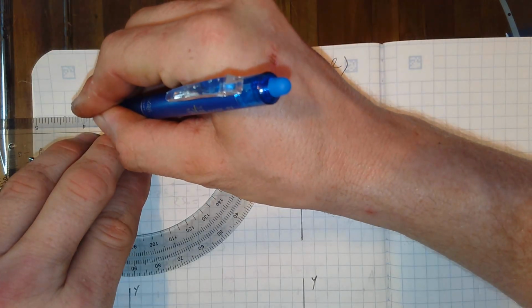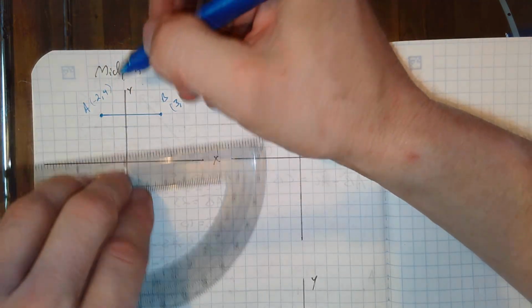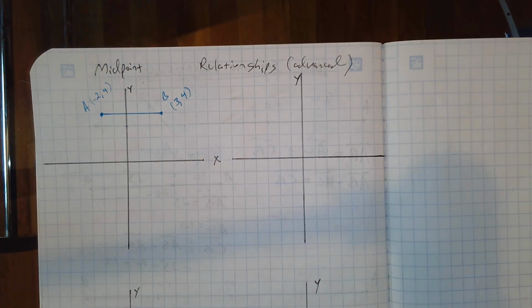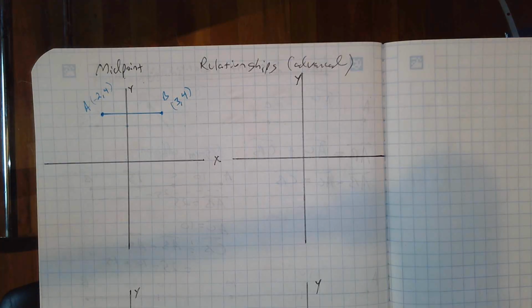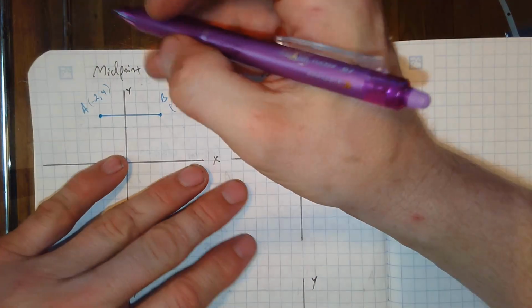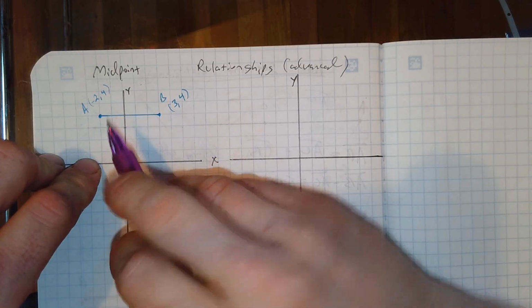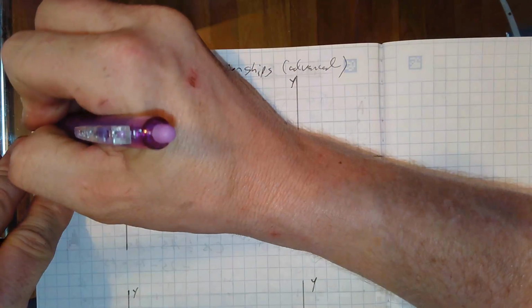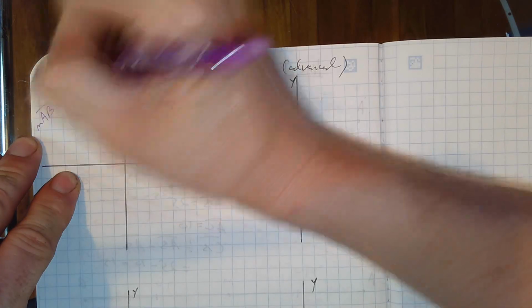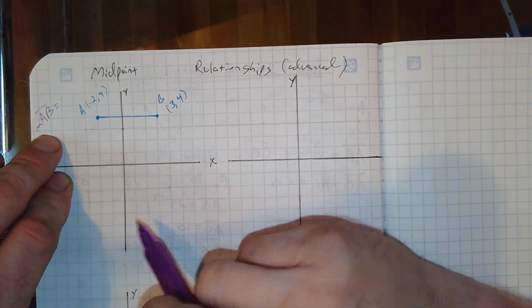Now you can do this and draw something like this if you're just given the coordinate points of A and B, and it's like, okay, well, what's the midpoint? We'll call that point M, right? So first, how long is AB? Well, the measure of AB equals, well, -2 to 3 is 5.